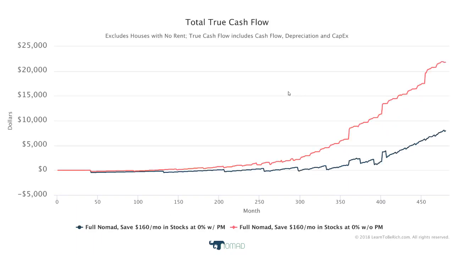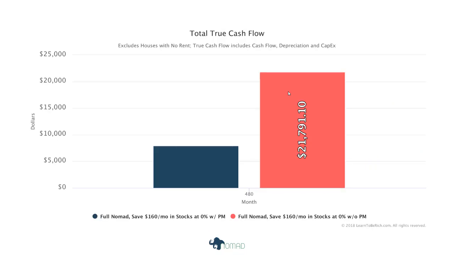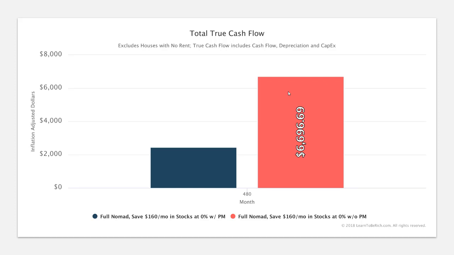Here's the difference. This is your cash flow when you don't hire a property manager. Here's your cash flow when you do hire a property manager. Pretty significant difference. 21,000 to whatever that is, 6 or 7. If you adjust for inflation because it's 40 years in the future, it's like having $6,700 a month in positive cash flow versus having just over $2,000 a month in positive cash flow.